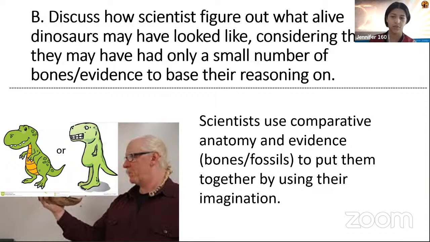Well, scientists use comparative anatomy to help them guess the look of the dinosaur. Using bones, analogous features, functions and articulation, paleontologists can make a first set of assumptions about size, shape and gait of the dinosaur, even with only a small number of bones.